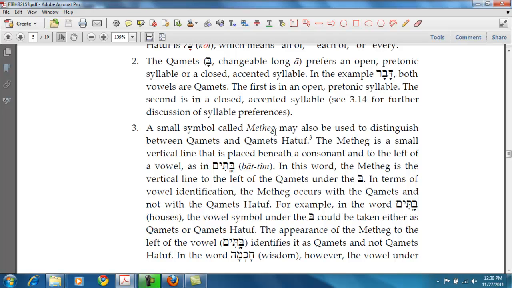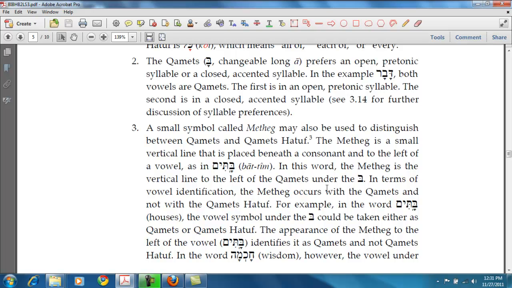You pull on the bridle to stop the horse. Well, the metheg is a small vertical line that's placed beneath a consonant and to the left of a vowel, as in batim. You see you've got the bet and the qamets, and you've got a metheg here. In this word, the metheg is the vertical line to the left of the qamets under the bet.